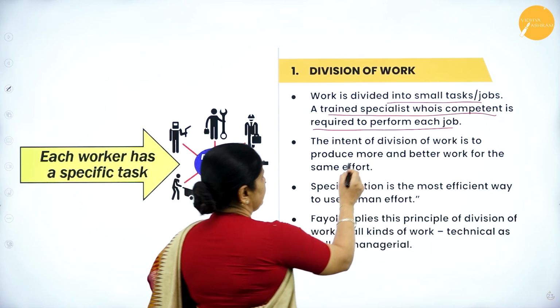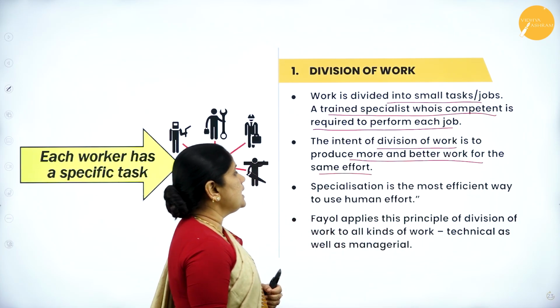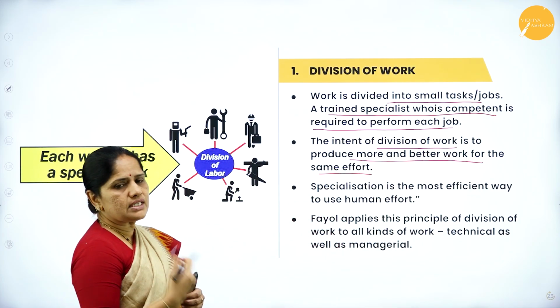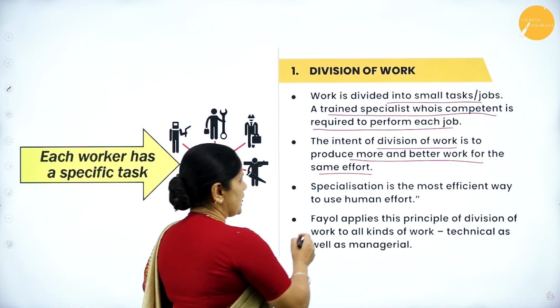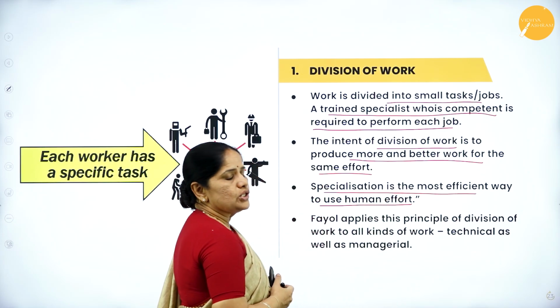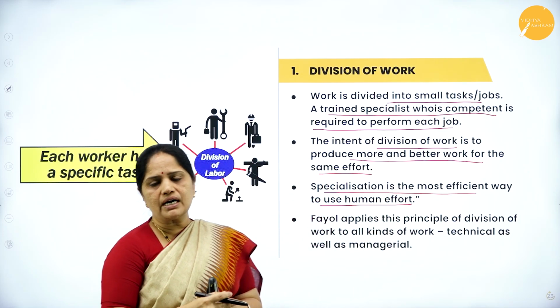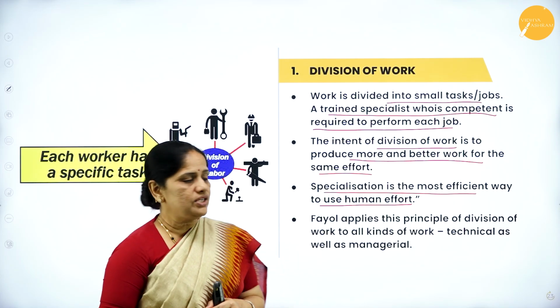The intent of division of work is to produce more and better work for the same effort. Specialization is the most efficient way to use human effort. If the worker is specialized in doing the job, he will do it more efficiently.